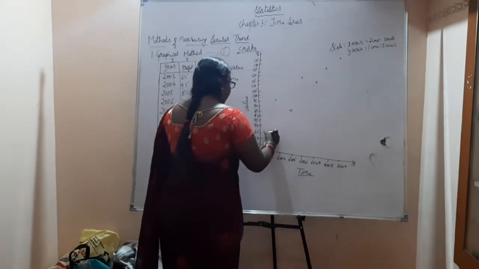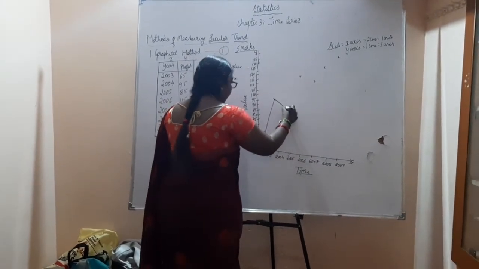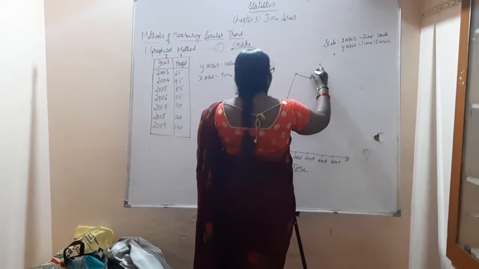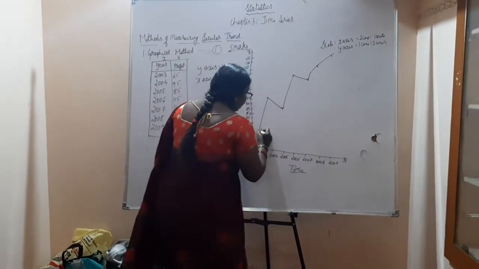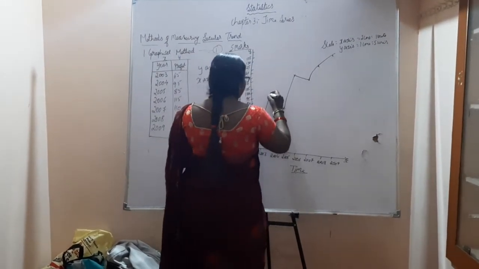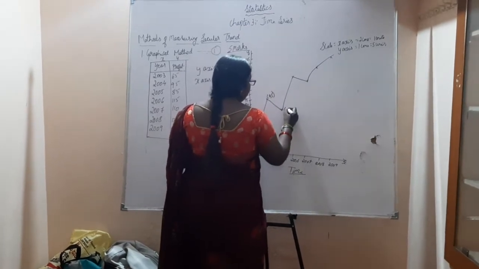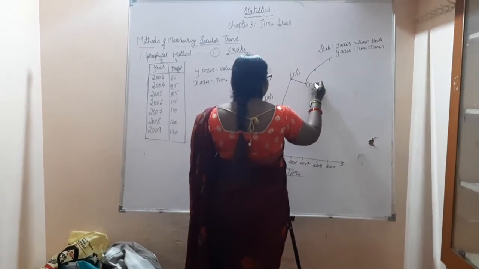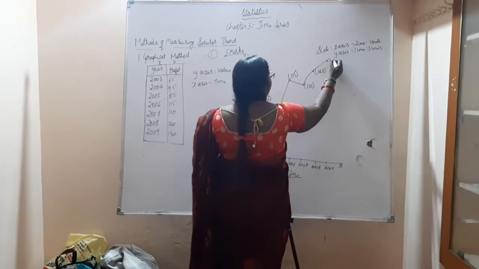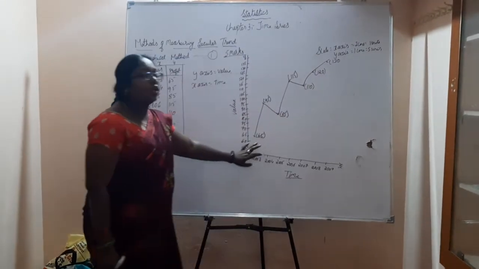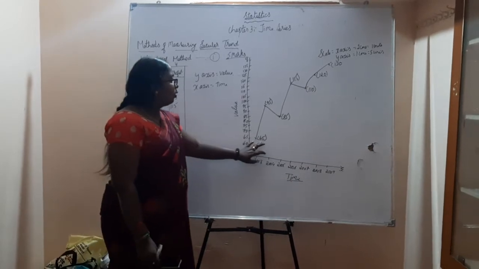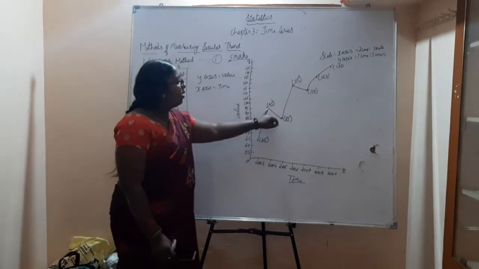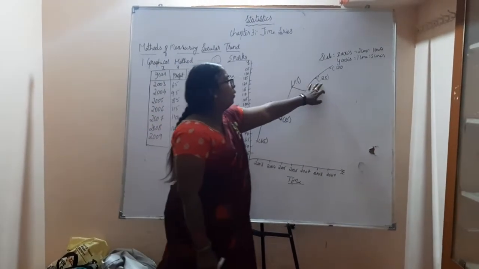So my graph will be 65, 95, 85, 115, 110, 120, 130. In your graph you don't need to write the values, because I am writing them on the board so that the values show in different places.